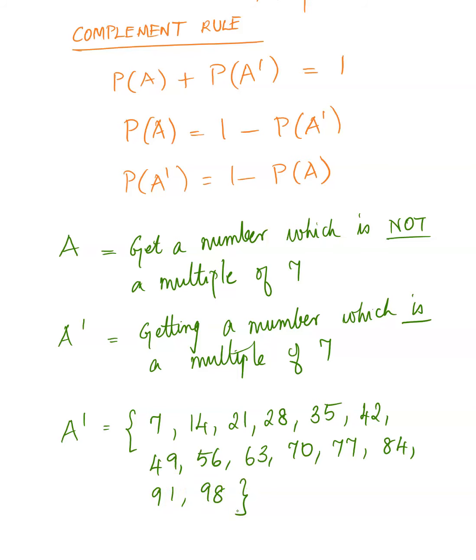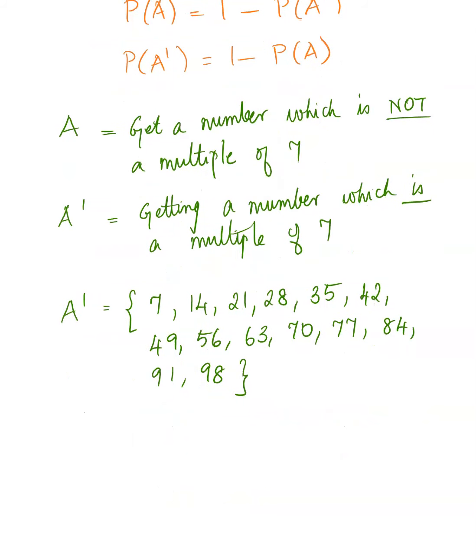Okay, so we got all of these. Let's go ahead and count how many we have. 1, 2, 3, 4, 5, 6, 7, 8, 9, 10, 11, 12, 13, 14. So we have 14 outcomes.